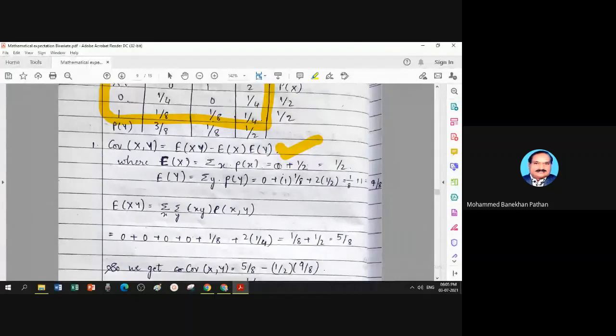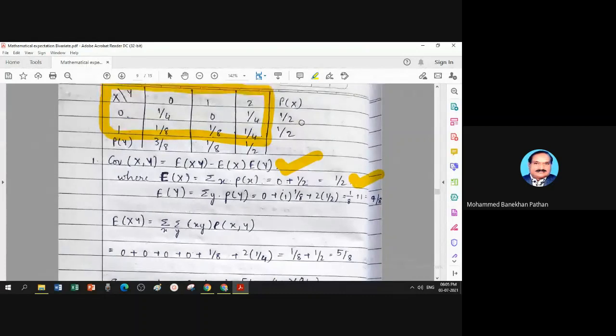E of Y, the definition says summation Y into P. Value of Y, multiply probability: 1 multiply probability 1 by 8, 2 multiply probability 2 times half. Simplification is 4.